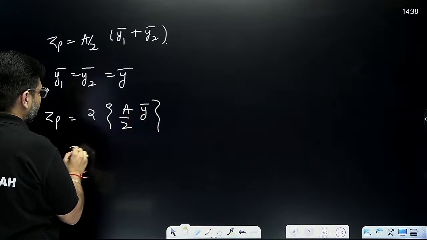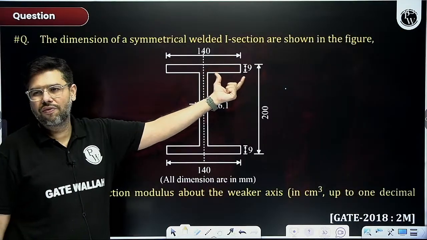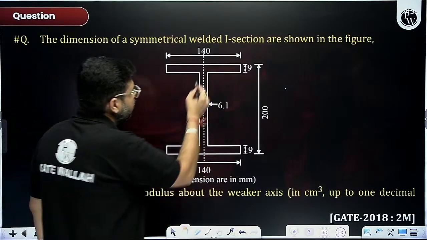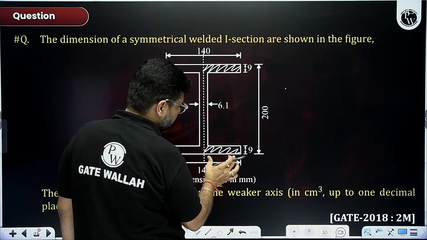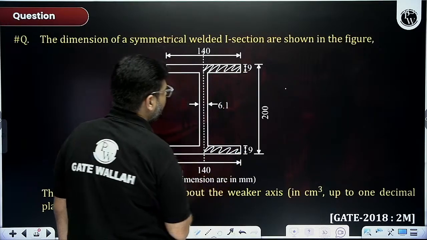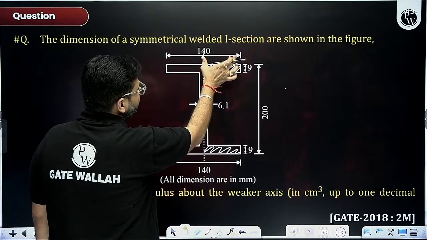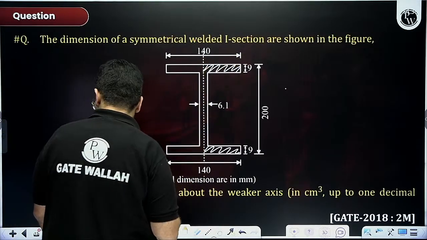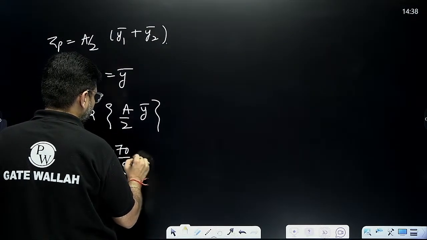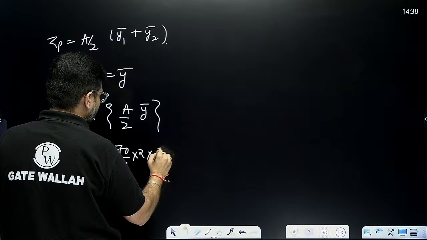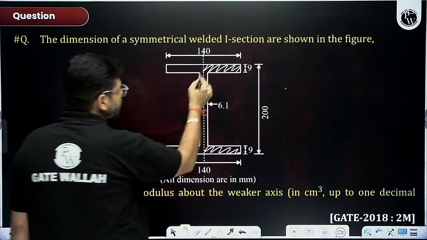You have to find out the CG of this half area. First of all, take the CG of these two areas. The depth of the CG of these two areas will be at 35 mm. So what will I write? A by 2 of this area is how much? 70 into 9. That is 70 into 9 into 2 into 35 mm, plus this half area.